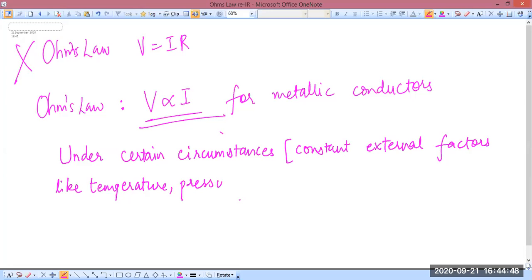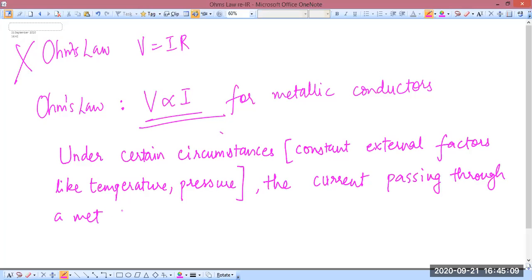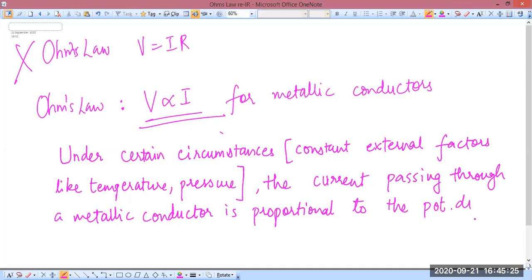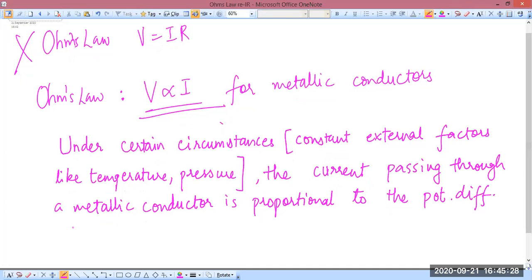So under certain circumstances or under constant external factors like temperature, pressure, the current passing through a metallic conductor is proportional to the potential difference across its ends.